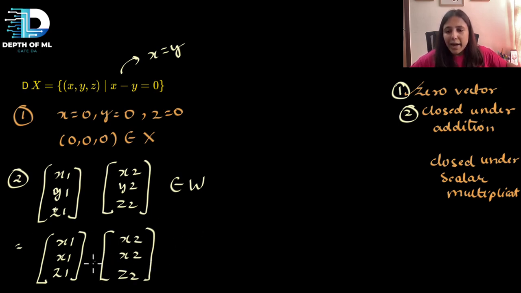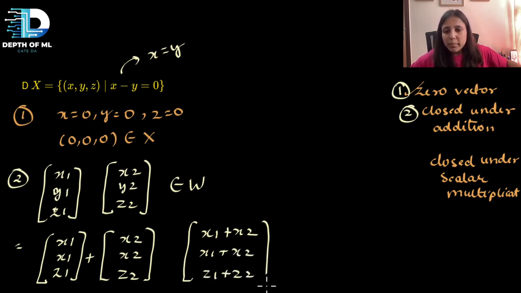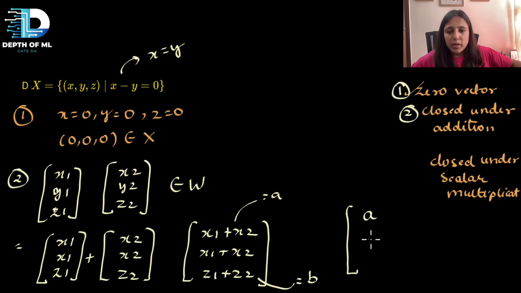Now I'm going to add both of them. So what am I getting? I'm getting x1 plus x2, x1 plus x2, and z1 plus z2. Now let me assume that x1 plus x2 is equal to a and z1 plus z2 is equal to b. So the form that I'm getting is a, a, b. From here we took that x is equal to y, right?